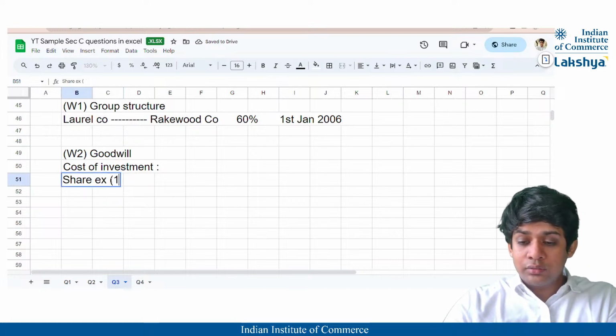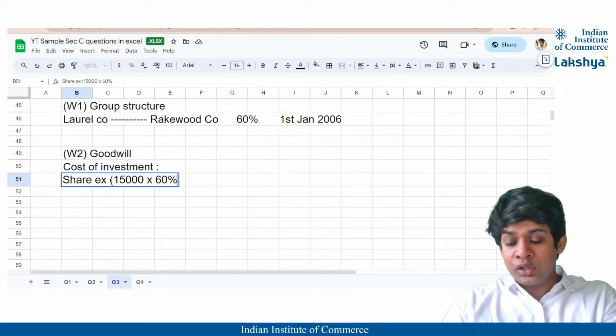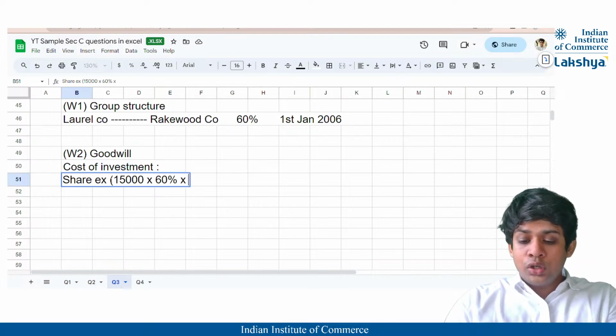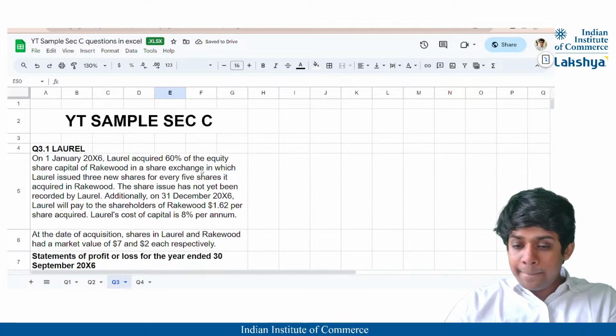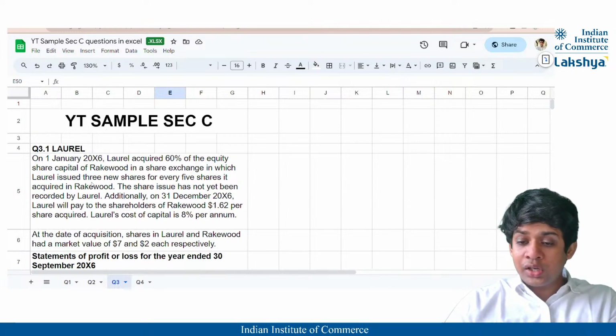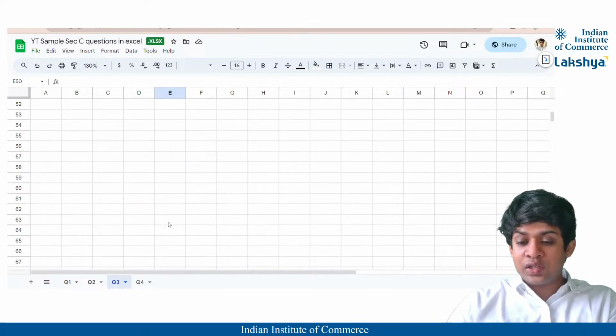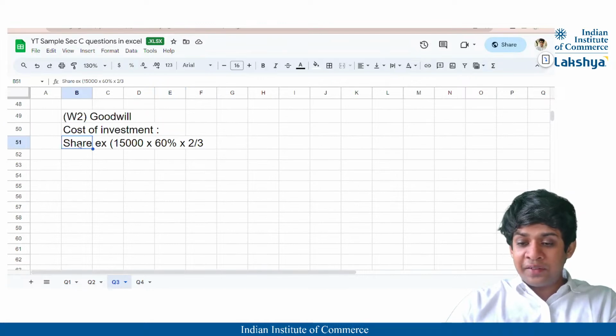It is 15,000, right? Into 60% that you have acquired, into 3 shares issued for every 5 shares acquired. That is the scenario, right? So it will be 3 by 5, correct?